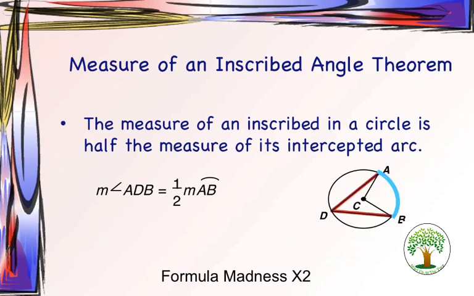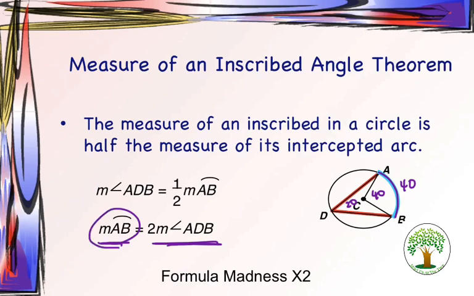We have a second formula, and this formula is kind of just the backwards of it. If we knew this one was 20, if we double it, we'd know this and this are 40. So the measure of arc AB is twice the central angle.